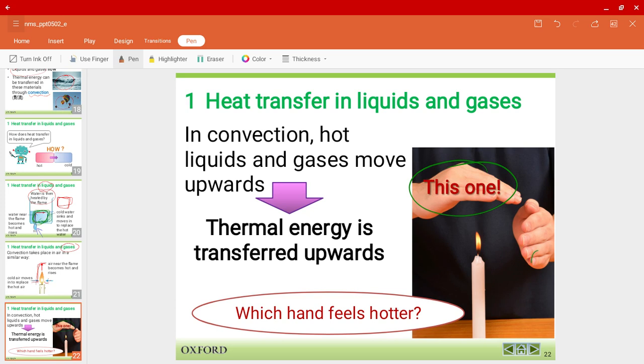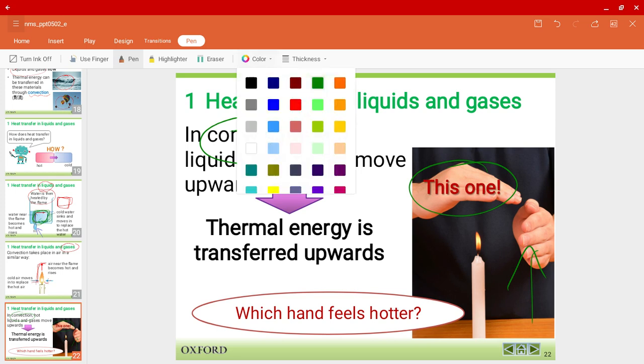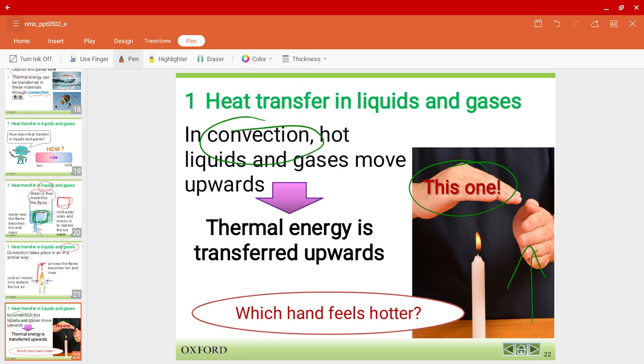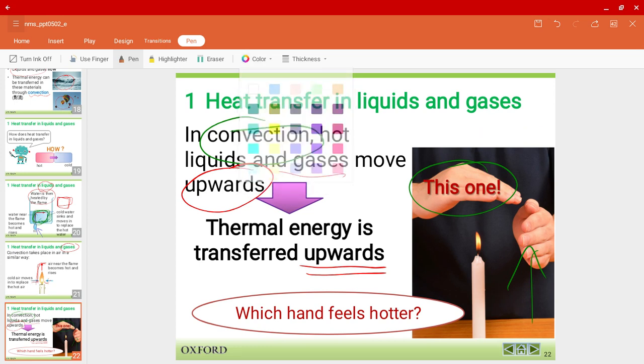The one on the side is not as hot, and the reason behind this is, in convection, now pay attention guys, hot liquids and gases move upwards. In other words, thermal energy is transferred upwards. And that is why we feel this hand is hotter, because thermal energy is transferred upwards.